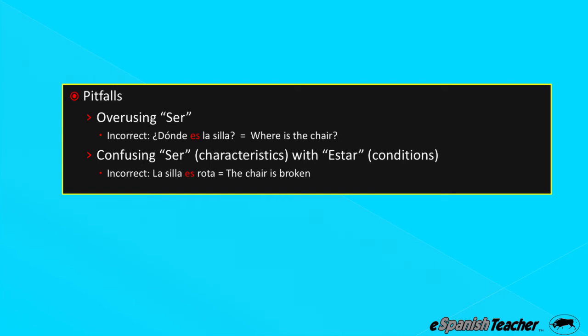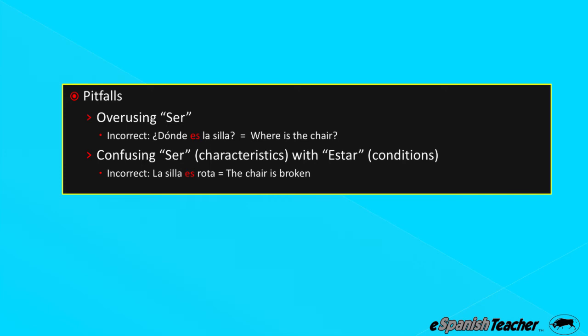So in this example, where is the chair, a new Spanish-speaking student would have a big temptation to say, ¿Dónde es la silla? Just because it's an easy translation. But that is in fact incorrect. Instead, you would want to say, ¿Dónde está la silla? Because we use estar for the location of non-events, so objects.